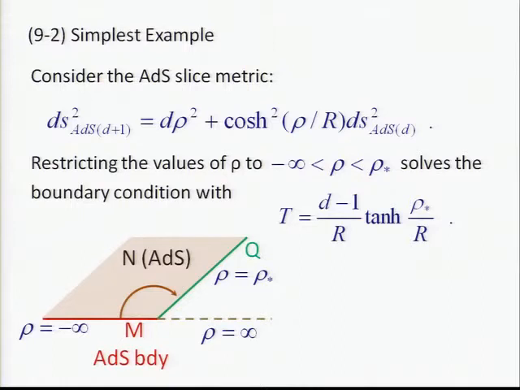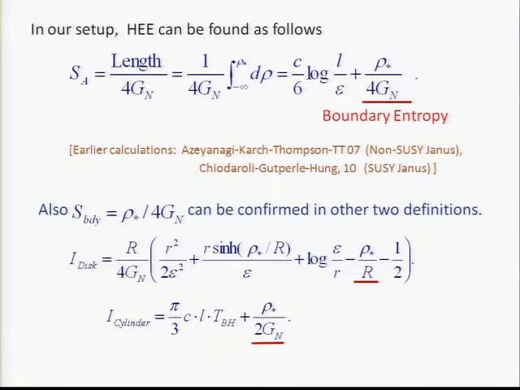If we end up here, it is rho star equals 0. If we increase rho star, then this angle increases, and accordingly this contribution increases. This part is identified with the boundary entropy. This part is the same as the previous calculation.